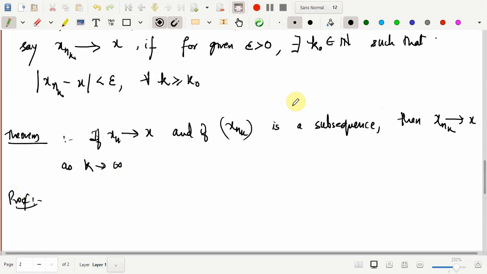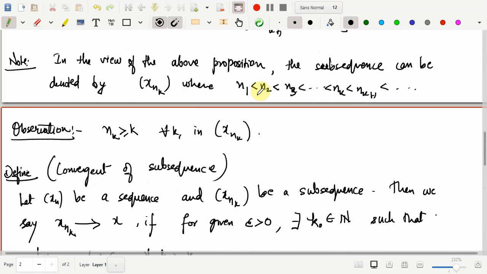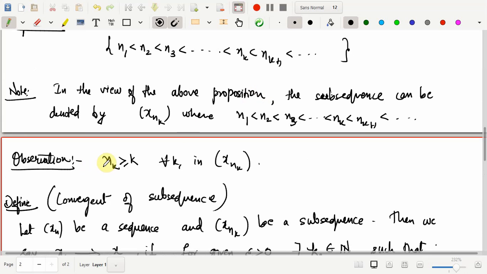So to show that this subsequence is converging to x, we need to start with an epsilon positive. Just check the definition, and I should be able to show that there exists some k naught in N such that the difference |x_{n_k} minus x| is less than epsilon for all k greater than or equal to k naught. And in fact, this idea flows very easily from the fact that n_k is always greater than or equal to k. So if k is varying, then definitely n_k also has to be.